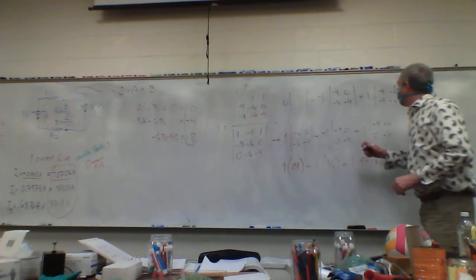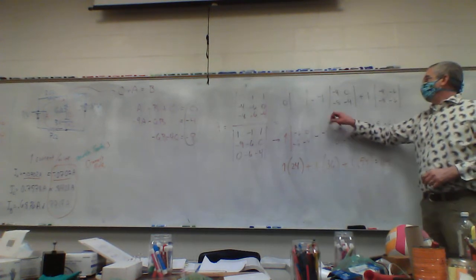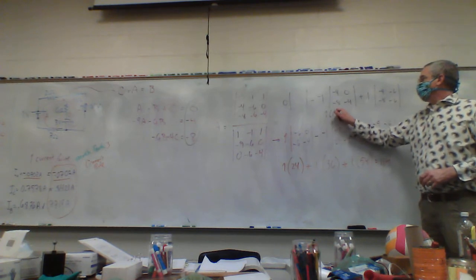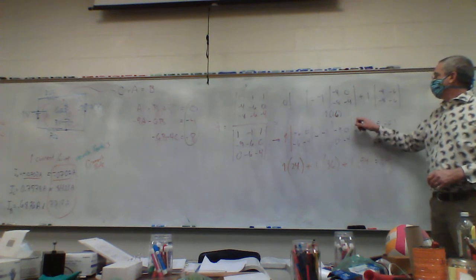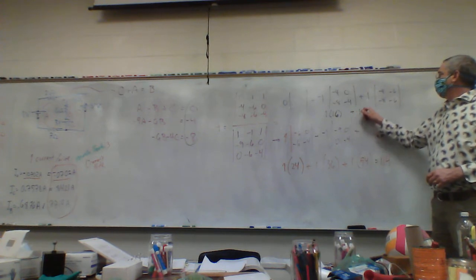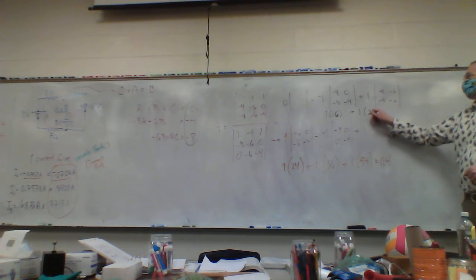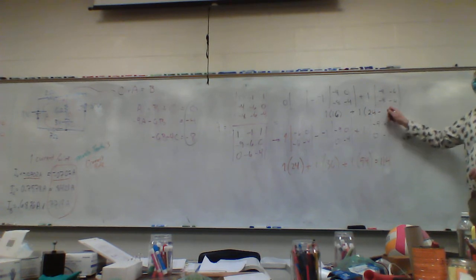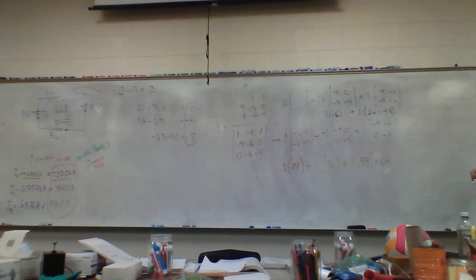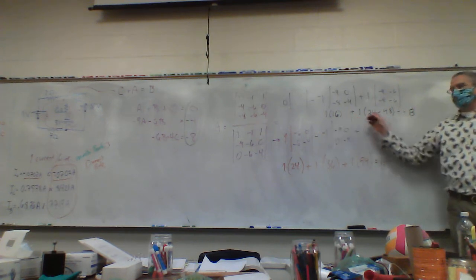And so our numerator ends up being, so that's 1 times 16. Plus 1 times negative 4 minus times negative 6 is 24. Minus negative 8 times negative 6, which is 48. No, negative 8, because we have 16 minus 24.